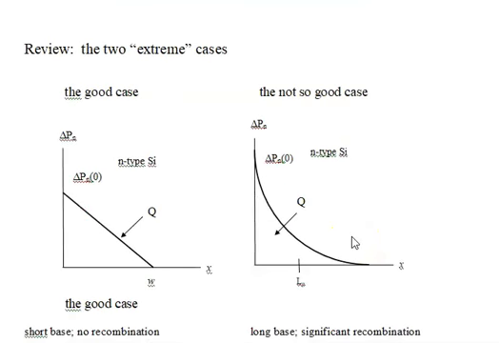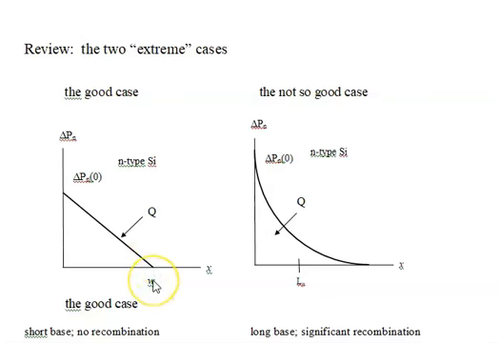Okay, so if we look at these two extreme cases, the good case, and in fact I even repeated it because I want to emphasize, this is the good guy. This is where the excess carrier concentration varies linearly with position. This W is the end of the quasi-neutral region, so the contact is right here.